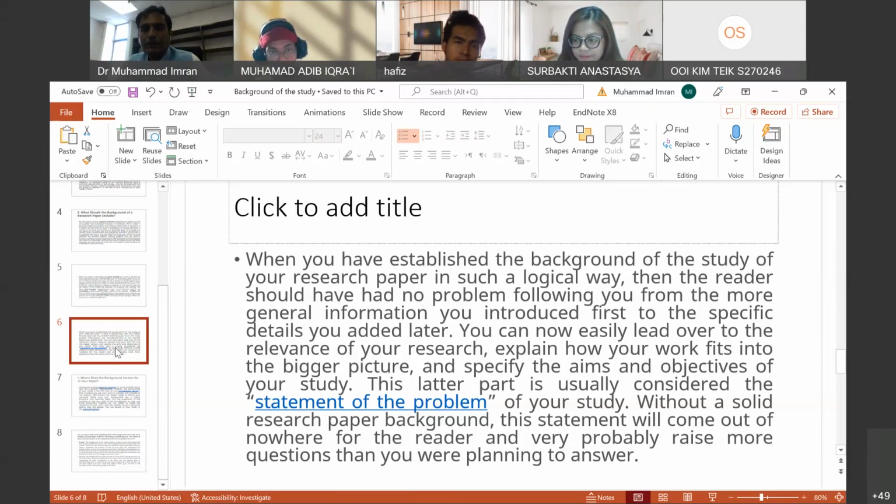Basically, in the background of study, we have to give the whole information related to our research topic. Our research topic is about employee performance. We have to write all the importance of employee performance and the issues faced by the employees. Then we can propose solutions. This research is suggesting we must include these variables or strategies.